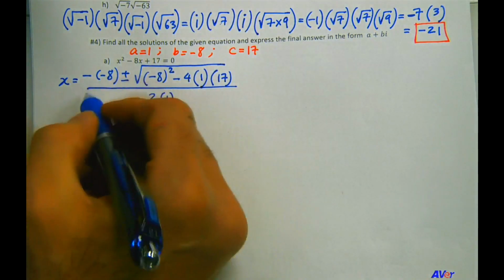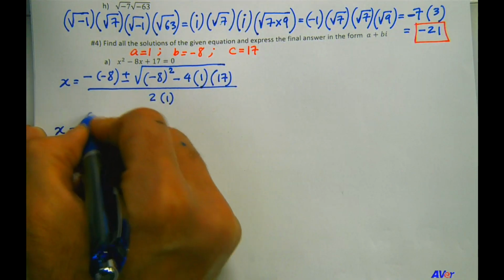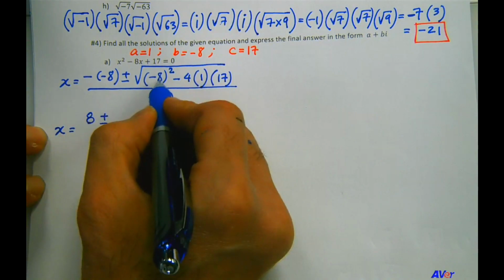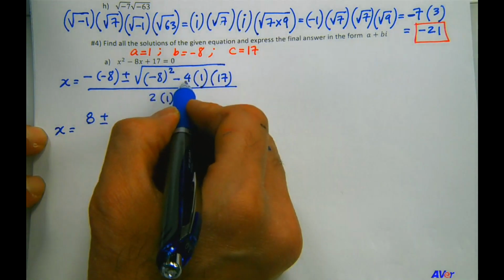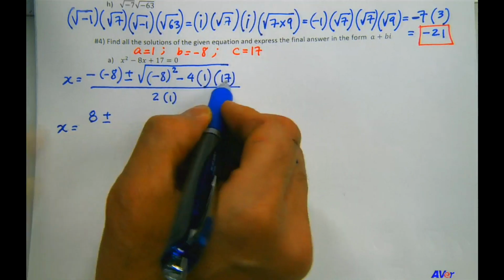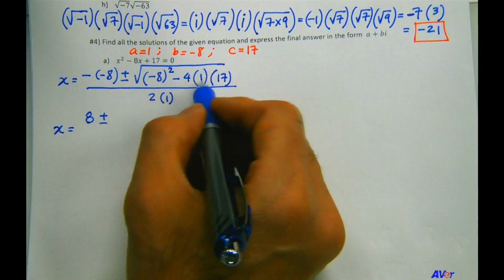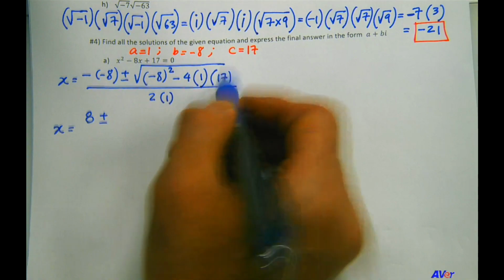So let's simplify this. What do we get? We get x equals minus negative 8 is positive 8, plus or minus. That's negative 8 squared is 64, minus 4 times 17 is 68. So minus 4 times that, 68. Yes, I'll double check.